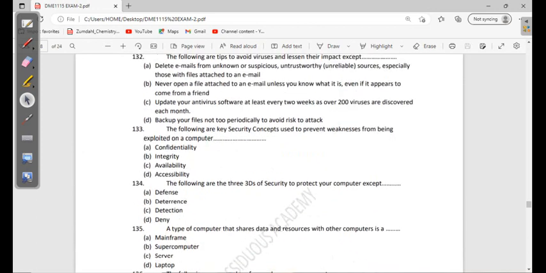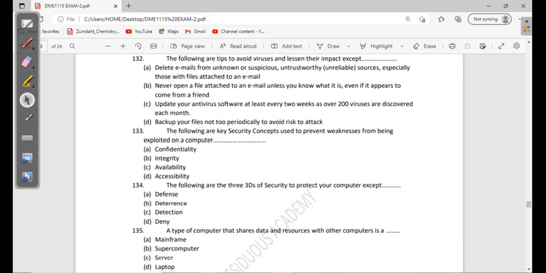132. The following are tips to avoid viruses and lessen their impact, except: deleting emails from unknown or untrustworthy sources, especially those with files attached; never open a file attached to an email unless you know what it is, even if it appears to come from a friend; update your antivirus software at least every 2 weeks, as over 200 viruses are discovered each month; back up your files not too periodically to avoid risk of attack.